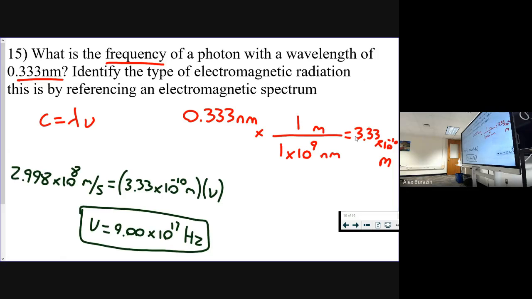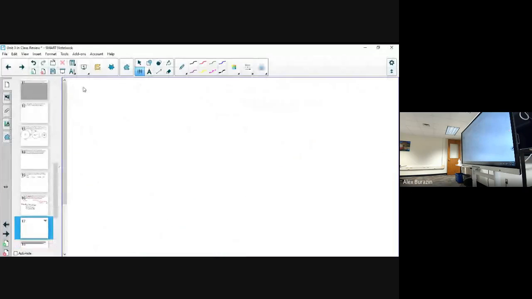I don't have a PowerPoint for it or a smartboard for it, so let me do this. Just add a blank slide and follow through it this way. Number 14, you said? Oh, okay. Yep. So for number 14, we have a picture, actually.